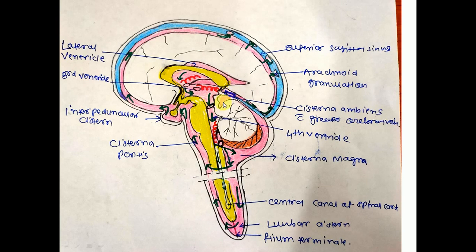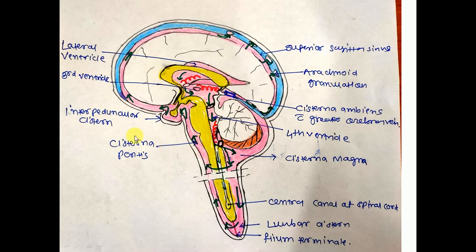This part is known as cisterna ambiens. It contains the great cerebral vein. This is known as cisterna ambiens.